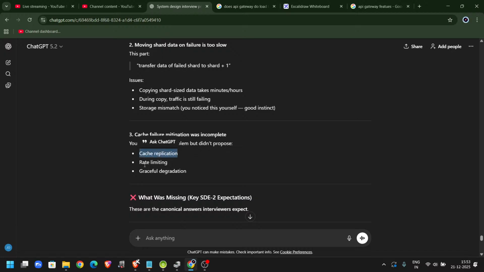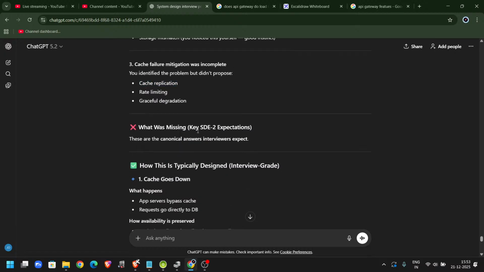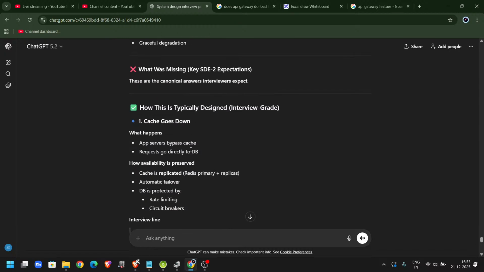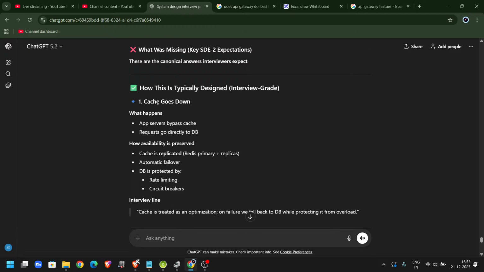Cache replication rate limiting. Graceful. Oh, ये क्या है? Cache replication. Replicas of cache. हाँ. क्या मतलब? उसका भी cache. Let's see क्या बोलता है ये. Cache goes down. What happens? App server bypass cache requests directly go to database.